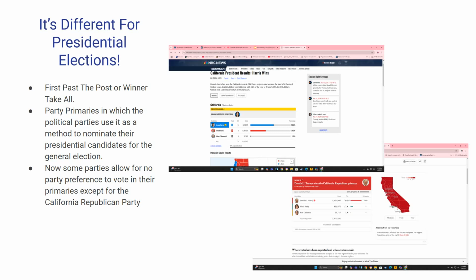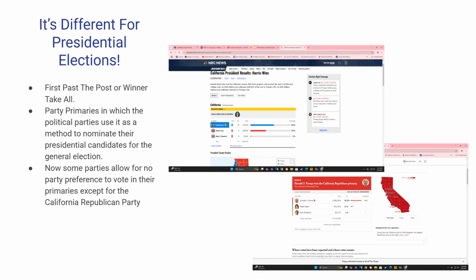And that's why they do it. But I digress. Partisan primaries are systems where only members of a political party can vote in that party's primary, and whoever wins in that party's primary will usually be that party's nominee for president of the United States.